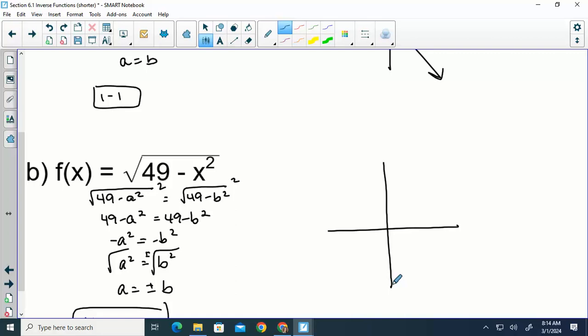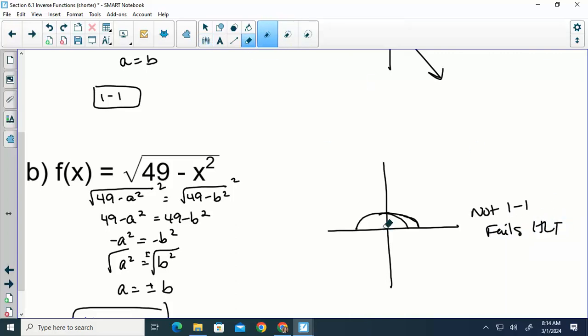When you look at that graph, it's like a semicircle. Cool. So we can see that one is definitely not 1 to 1. It fails the horizontal line test. You can draw a horizontal line that hits it multiple times.